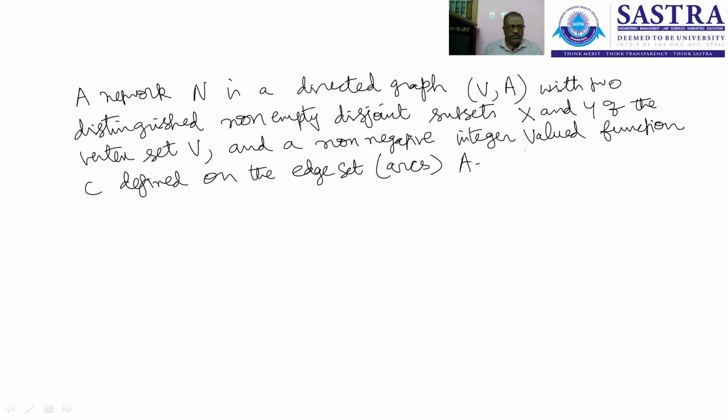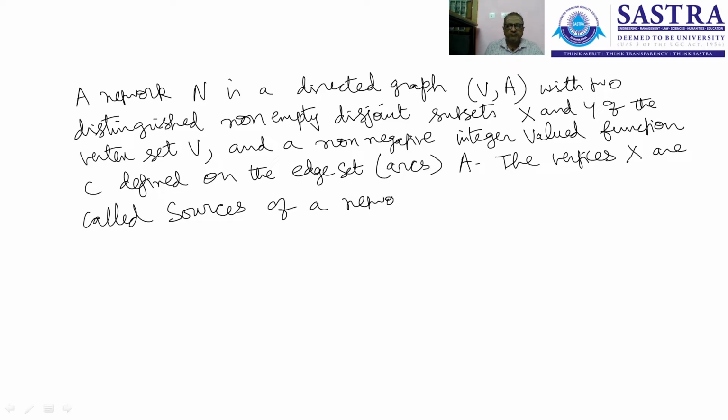Okay. The vertices X are called sources of a network, and the vertices Y are called sinks of a network.